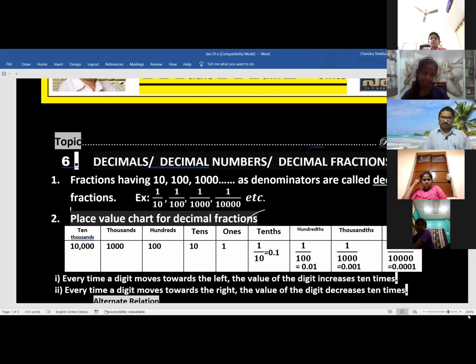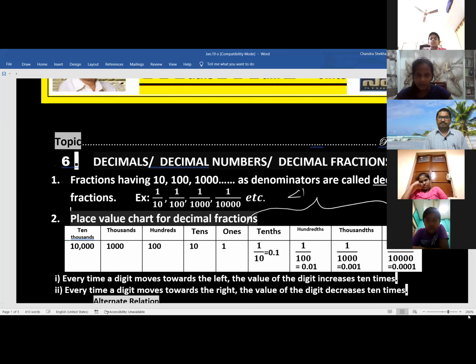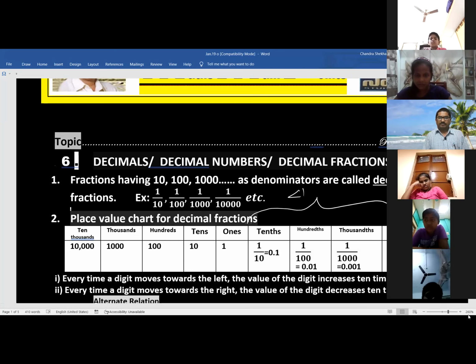Here onwards, this is less than 1. This 0.5. 1 by 10 means tenth part. 1 by 100 means hundredth part. 1 by 1000 means thousandth part. Small one. Understood? Yes, sir.